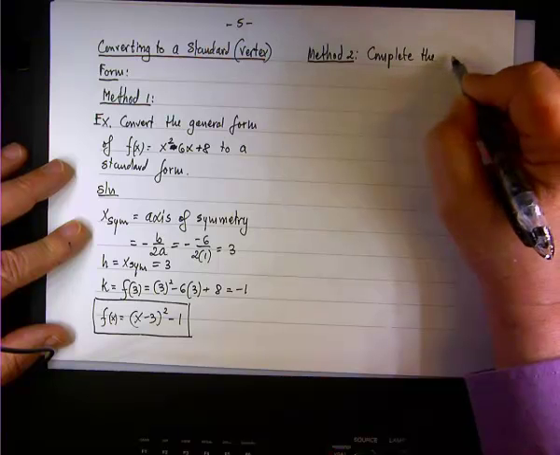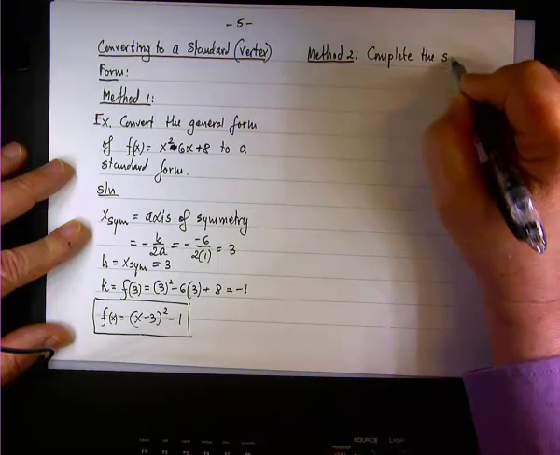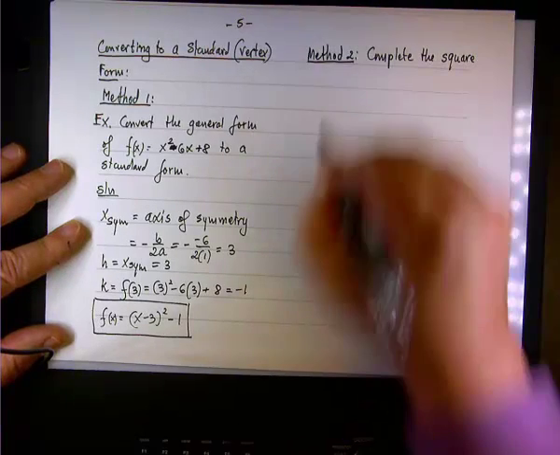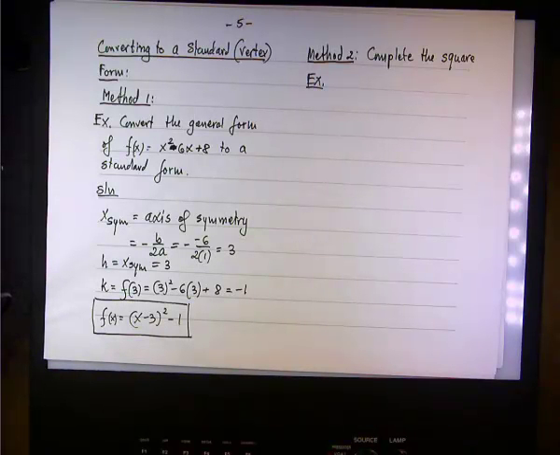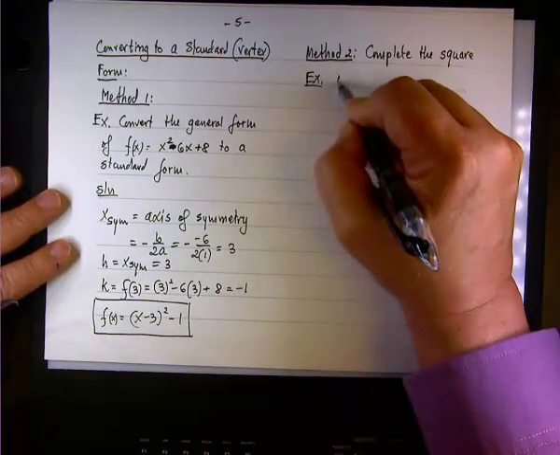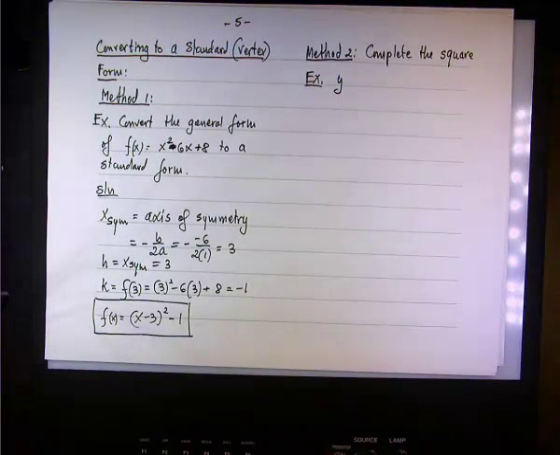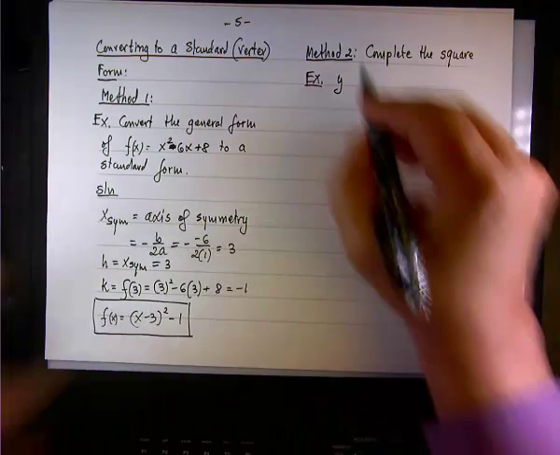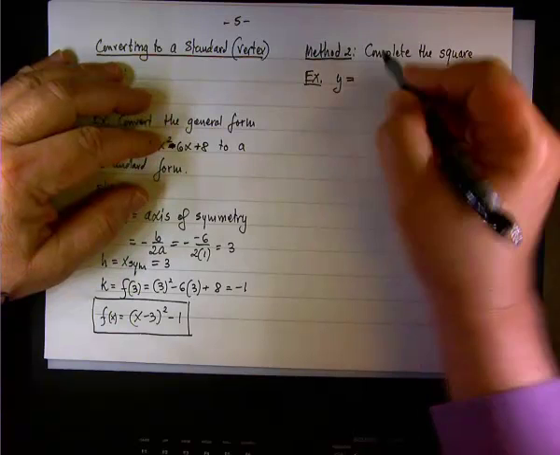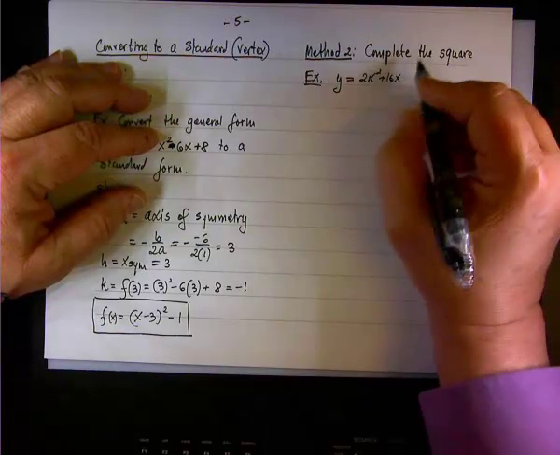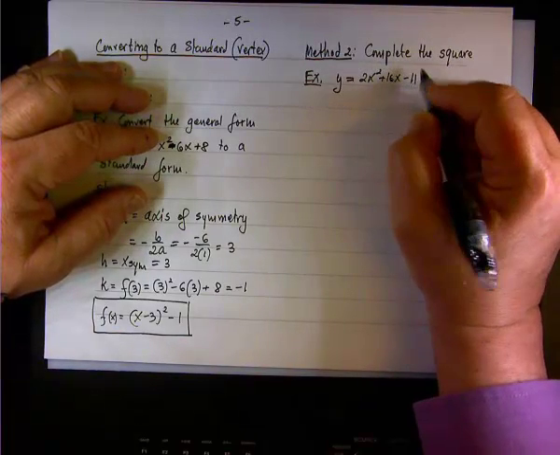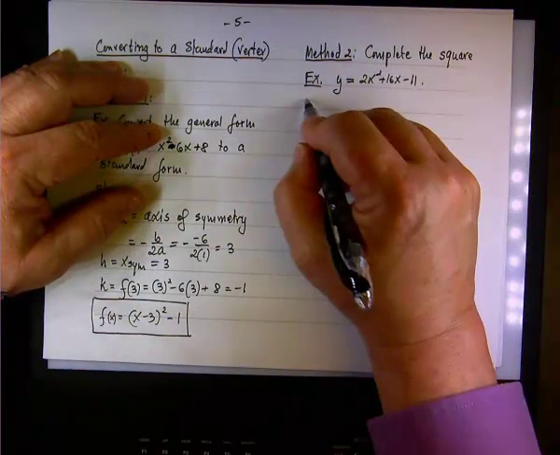And I'll give you another example, a little bit more challenging in this case. Let's see, what did I have? Let's do the following. Given the function y equals 2x squared plus 16x minus 11, right?